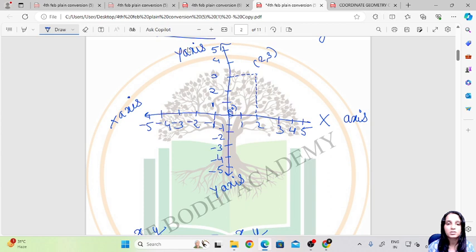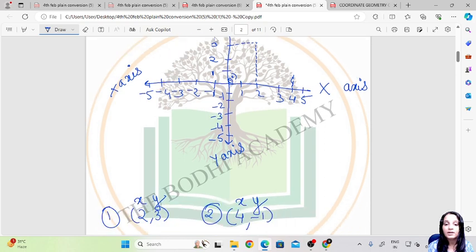So this 4 is your x, right? So 4 and y is -1. You have to see where is -1 on the y-axis, where is -1 here, right? So you just have to extend it and you have to mark the point 4 comma -1. Okay, so this is one point.